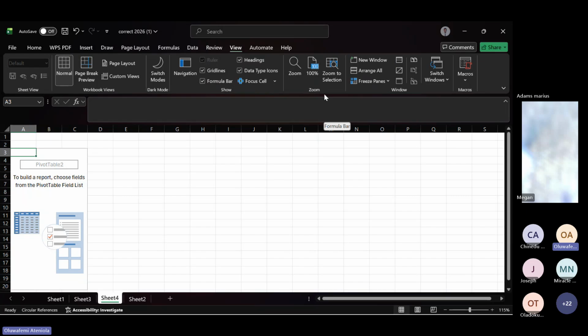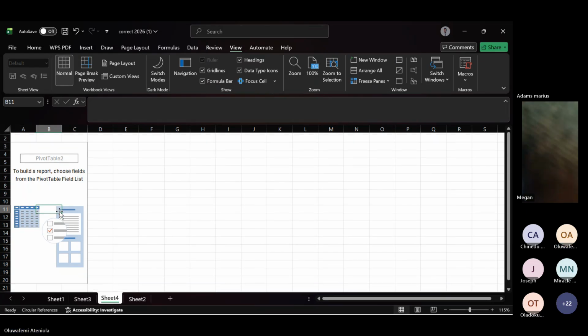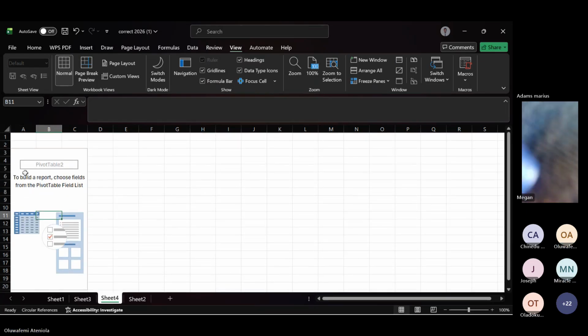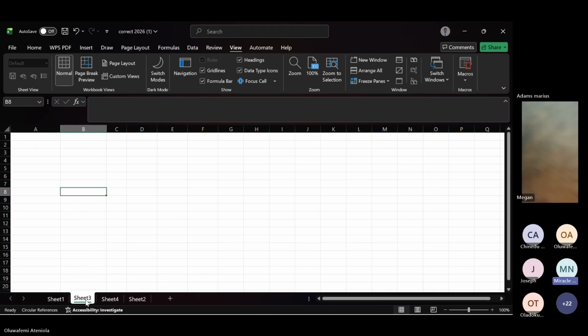Should show the pivot table. It's meant to automatically bring that view here. How many columns do we have? Does anyone have an idea of how many columns we have here? Number of columns?